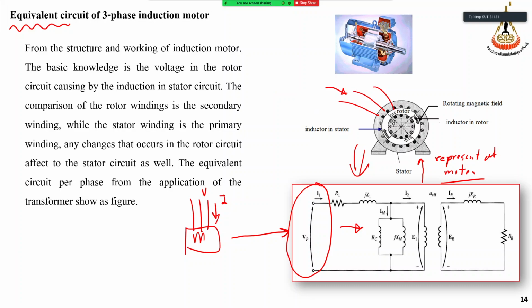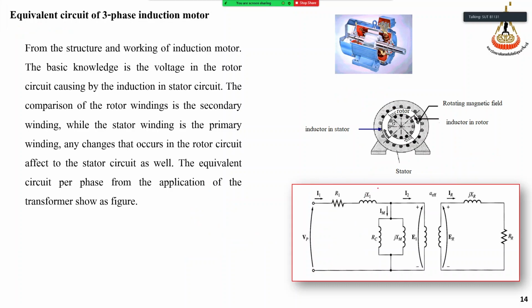Okay, so the equivalent circuit usually has 5 to 6 parameters, which are R1, X1, RC, XM, and R and X of the rotor. In the stator part here, there will be resistance and inductance, and then there is the loss in the magnetic core.